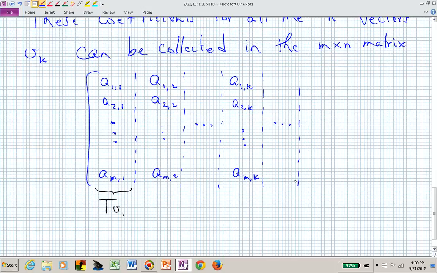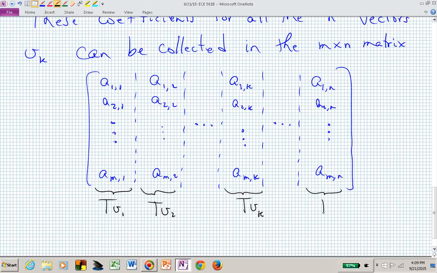And we keep going until we reach our nth mapping from the nth basis vector v sub n, which will now be a sub 1 comma n, a sub 2 comma n, all the way down to a sub m comma n, with the corresponding columns then being TV sub 1, TV sub 2, TV sub k, and TV sub n.